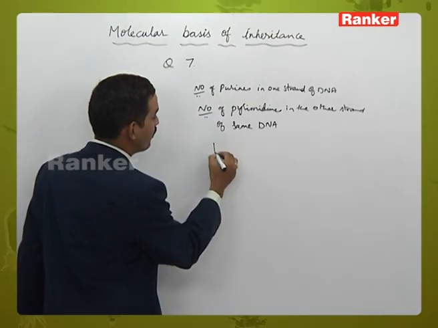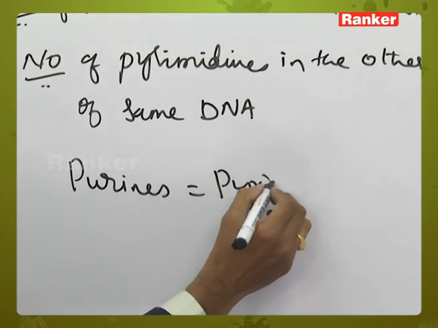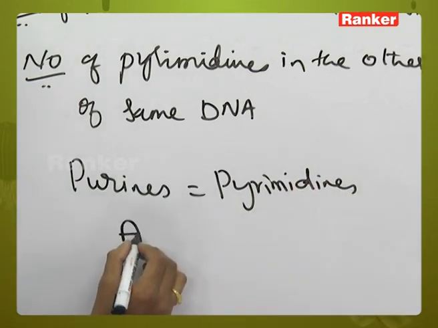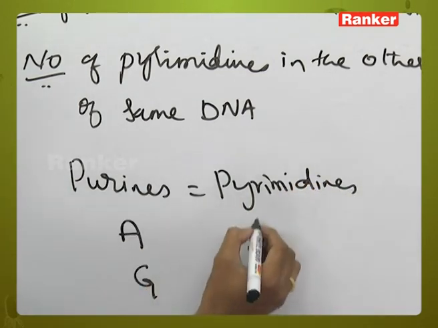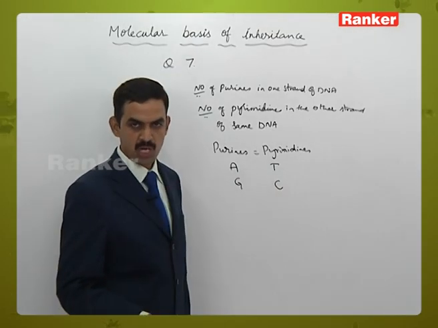So that means the purines number is equal to the pyrimidines number. We know that purines are adenine and guanine. Pyrimidines are thymine and cytosine in a DNA molecule.